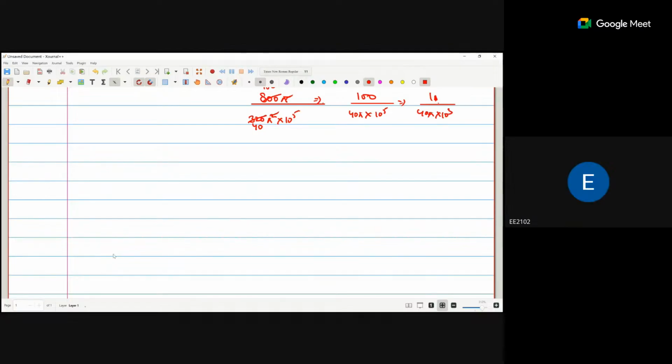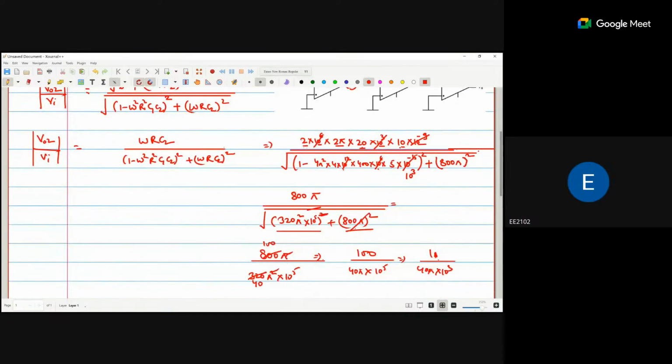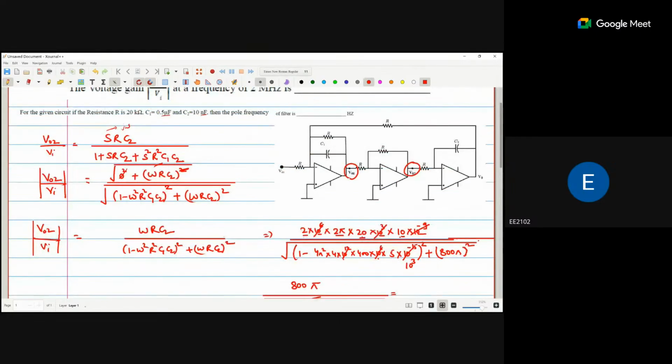Now the fifth one. If you see in the figure, what is the relation between V naught 1 and V naught 2? V naught 2 is nothing but minus R by R into V naught 1.